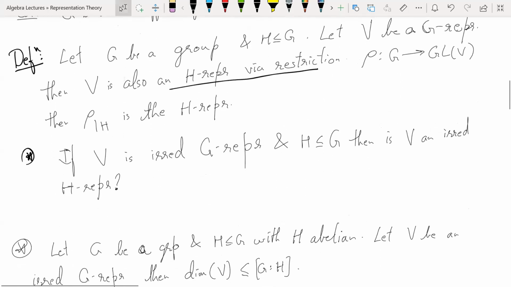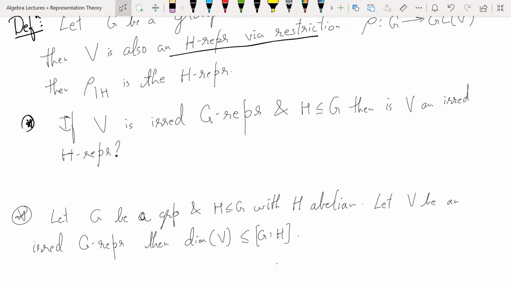So let G be a group and H be a subgroup with H abelian, and let V be an irreducible representation. Then, of course, as an H representation, it will decompose into the sum of one-dimensional representations.